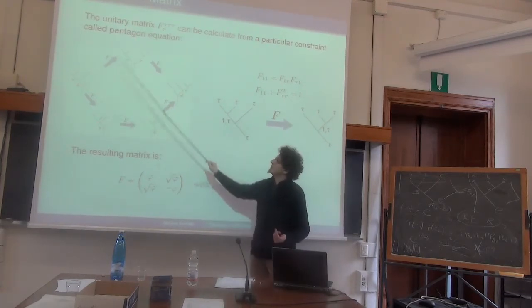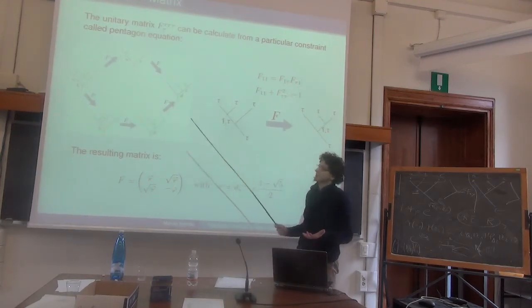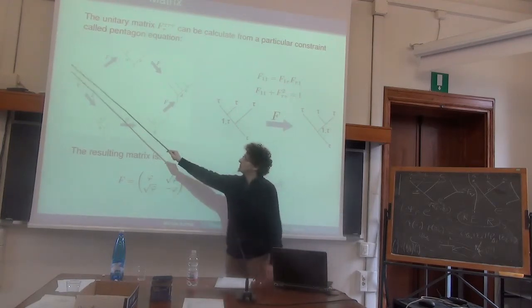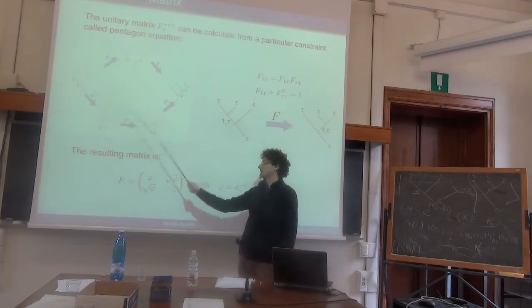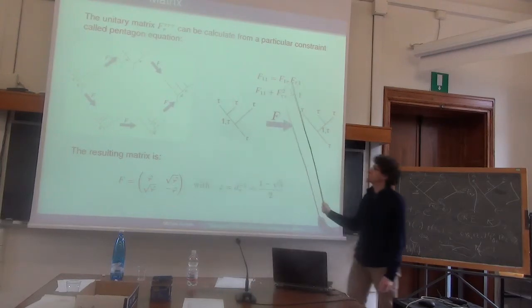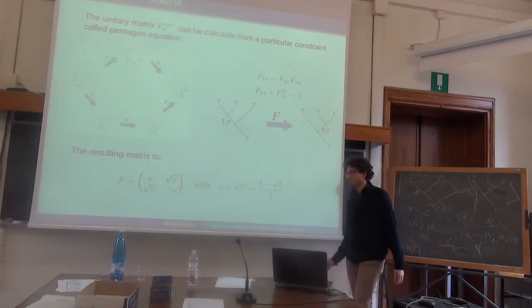So, in principle, the result of these operations a priori is not the same. I must impose that it is the same. And if I do it for all the possible collections of 4 anyons in my theory, I end up specifying the F matrices apart from some free parameters which usually do not play any role.